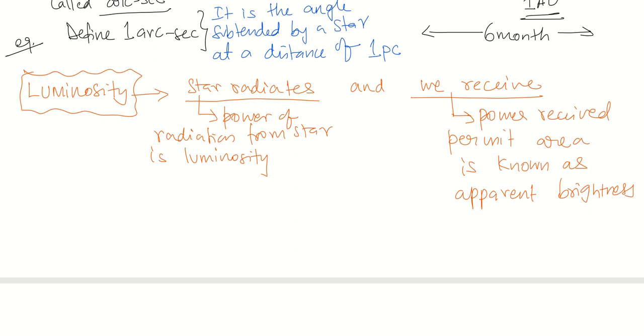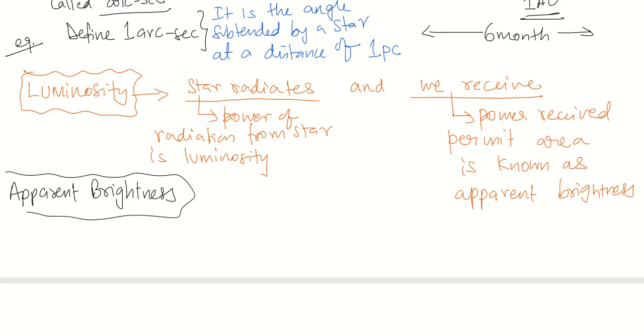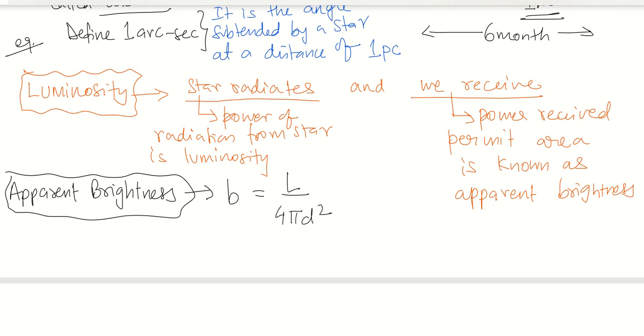So how do we now write apparent brightness? Apparent brightness is B, which is defined as L by 4 pi d square.